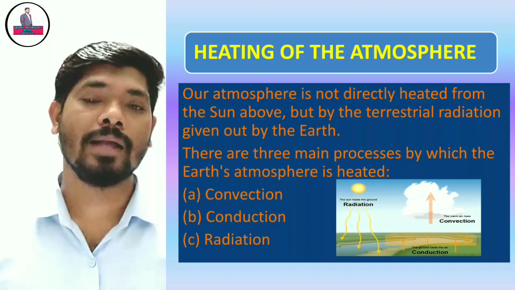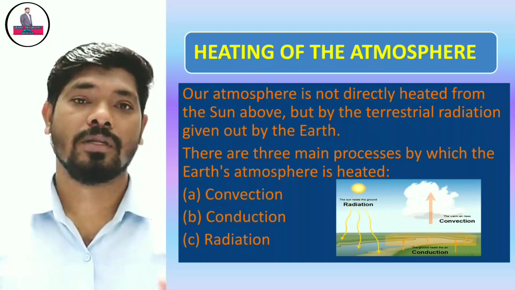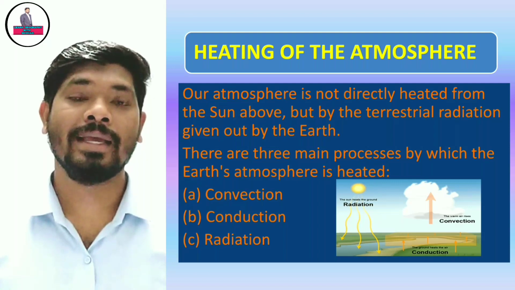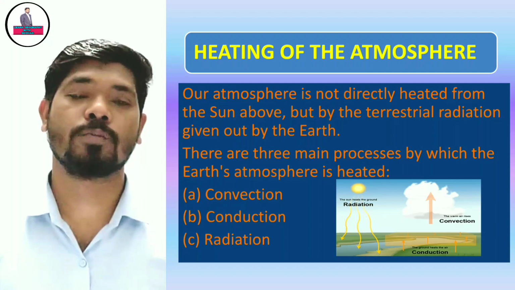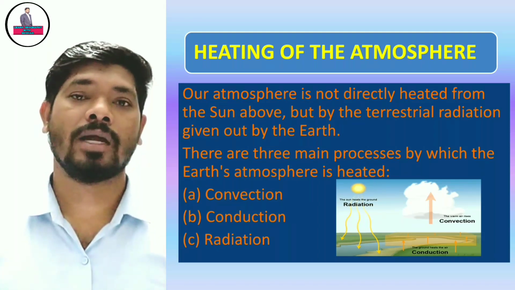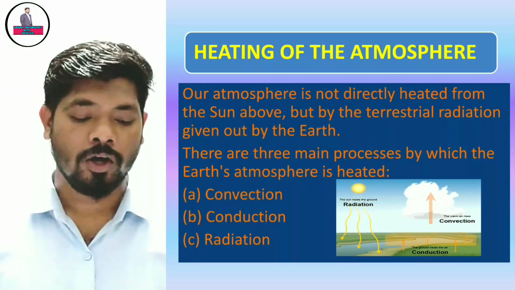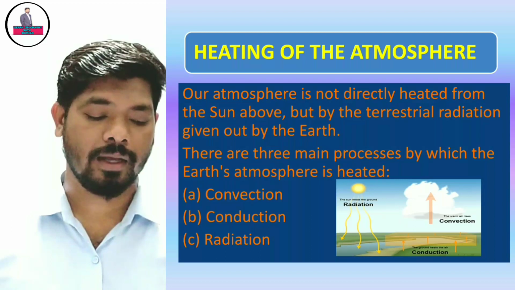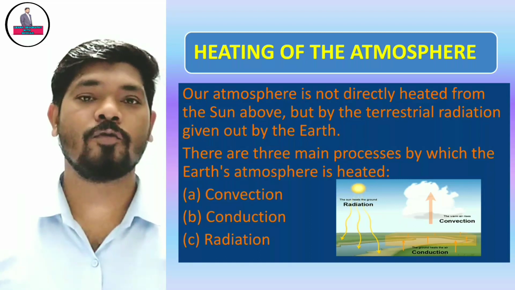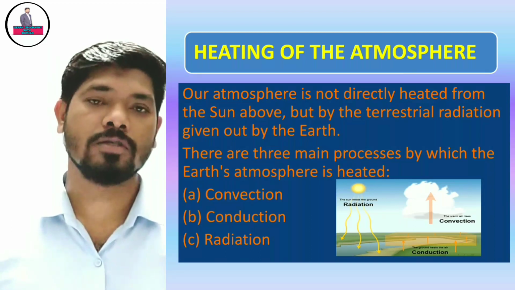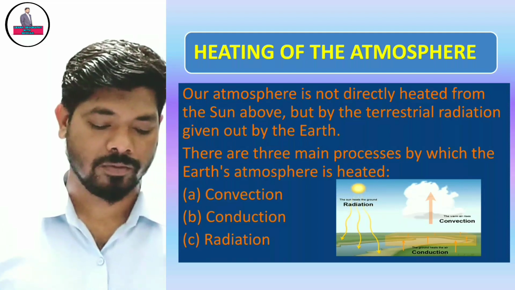So during the night time, they emit the heat and make the atmosphere heated. That is known as terrestrial radiation, or heat energy reflected back in long waves, that is infrared rays.